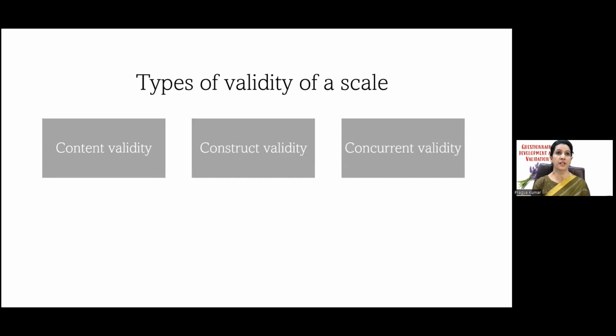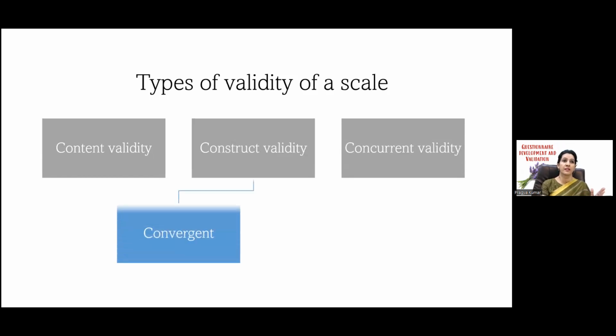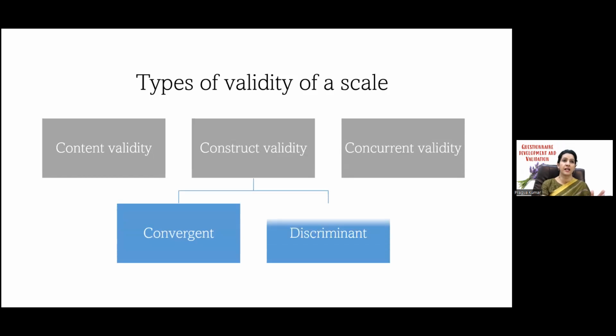In the construct validity, we have two types. The first is the convergent validity, and the second one is the discriminant validity. And then in the criterion validity, which is the third type, there are other types.